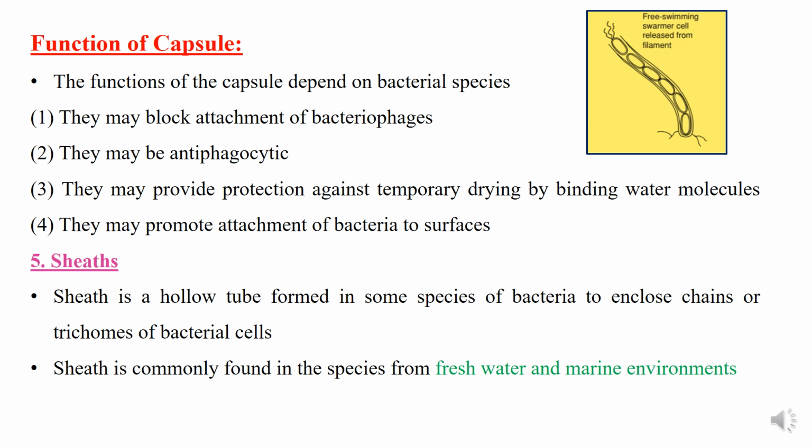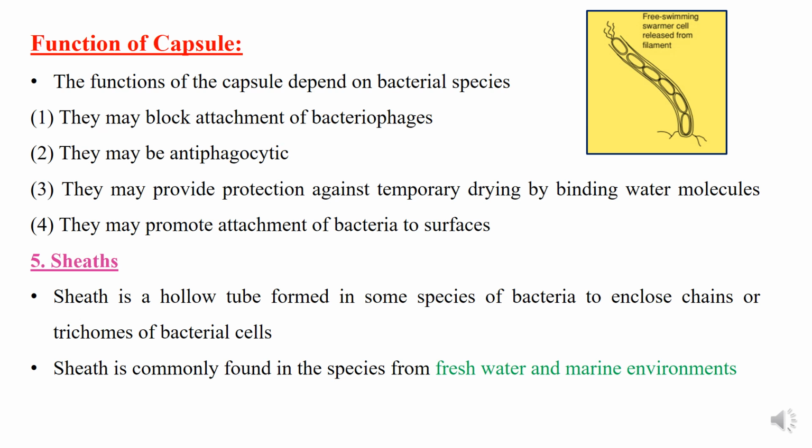These capsules are antiphagocytic in nature, and they also provide protection against temporary drying, because water molecules attach to this capsule, and this capsule will prevent the drying of the bacteria. But this is temporary. And they may promote attachment of bacteria to surfaces during the infection process, either in human infections or plant infections.